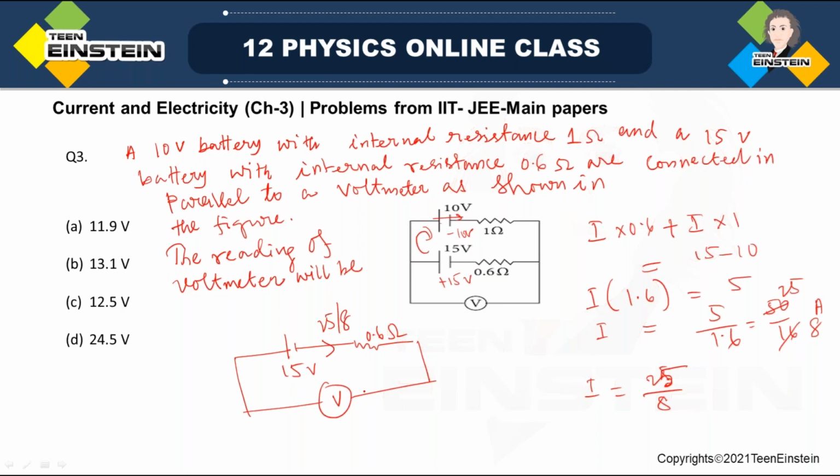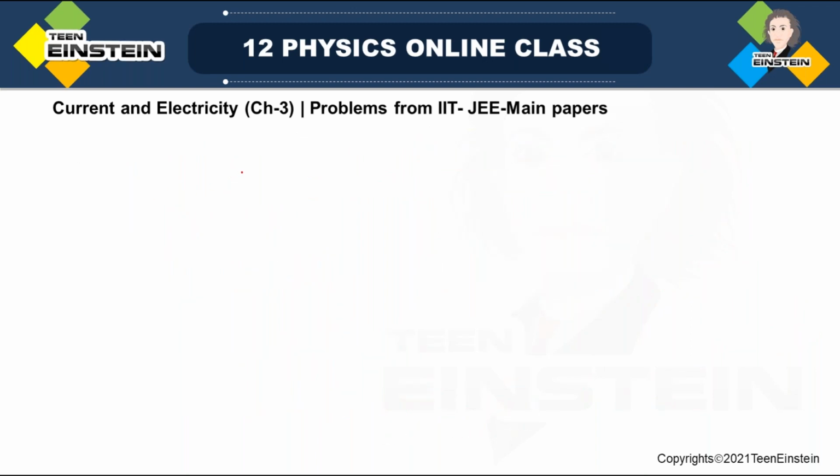So what will be the voltage here? We know voltage is equal to EMF minus I into internal resistance R. So the voltmeter reading will be E, the EMF of the battery, minus 25 by 8 into R, which is 0.6.